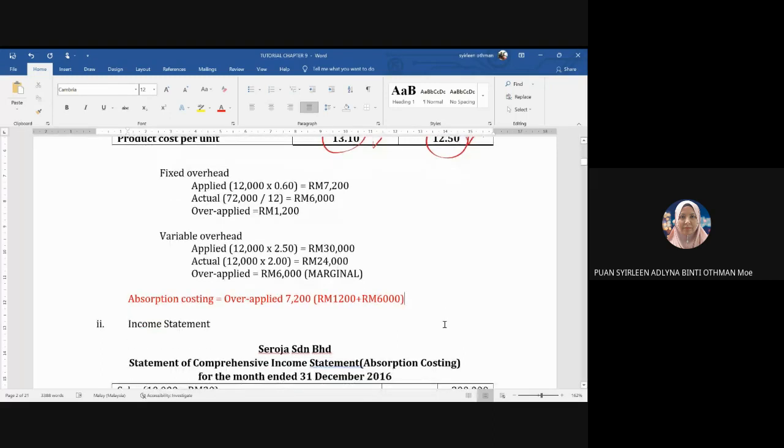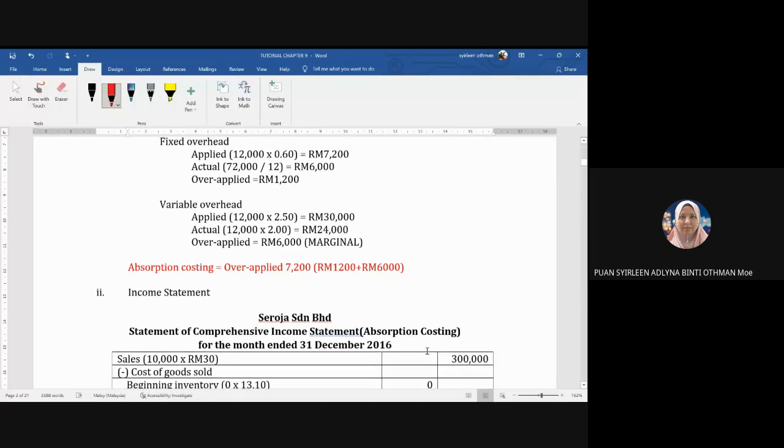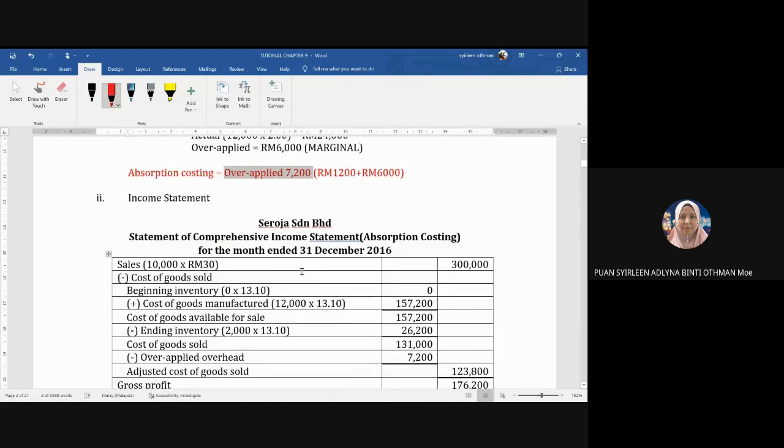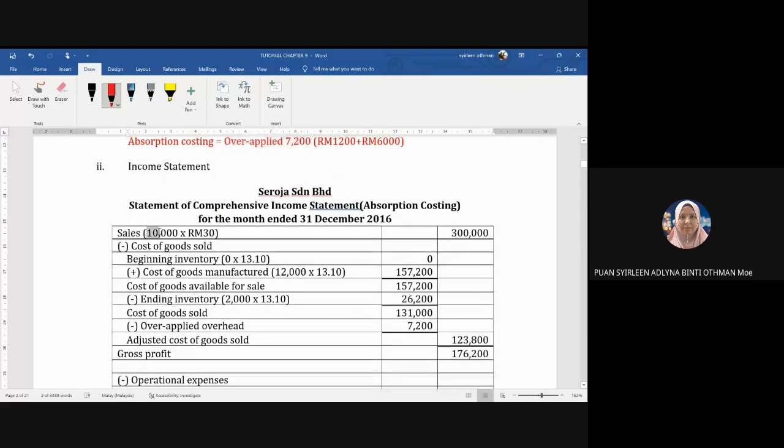Okay, so nak buat income statement ni tak ada masalah. Okay, so absorption is the same income statement yang macam kita biasa buat. Cuma nanti dalam statement, okay, kita ada adjustment sebanyak 7,200 bila dia over apply. That means you akan minus daripada COGS. Okay, alright, sales, guna sales unit, darab dengan harga.